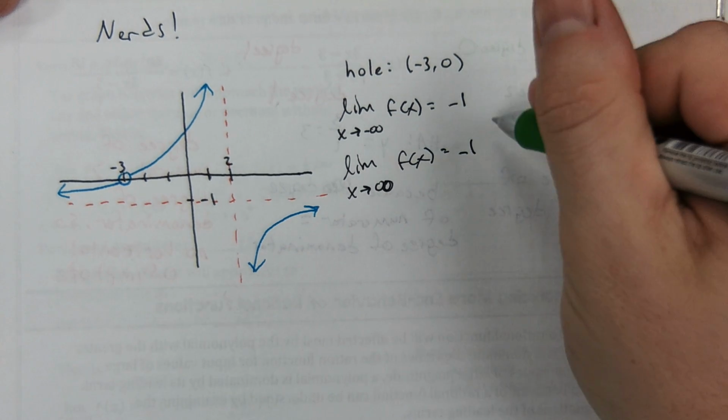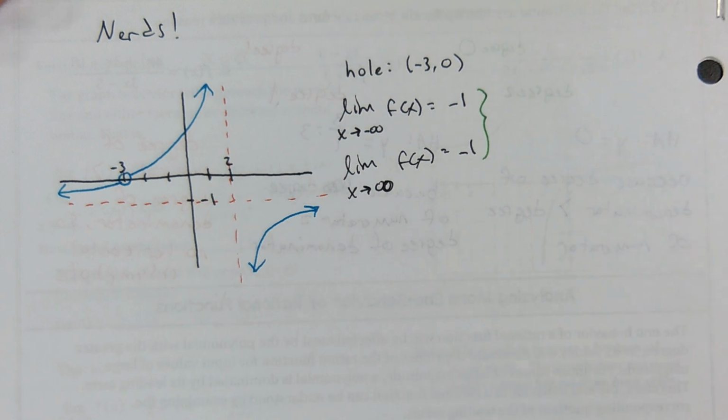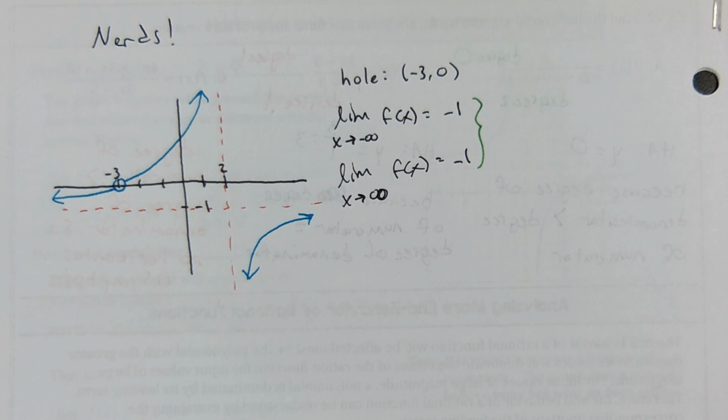This, ladies and gentlemen, is how we identify horizontal asymptotes. A horizontal asymptote will be a y value that the graph approaches as x approaches one of the infinities, usually both.